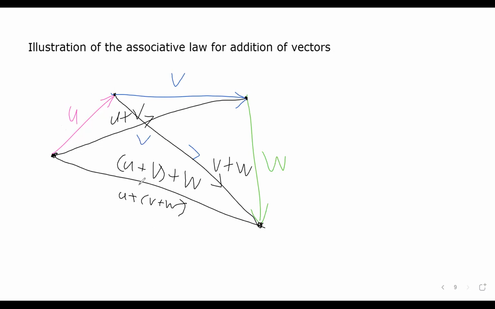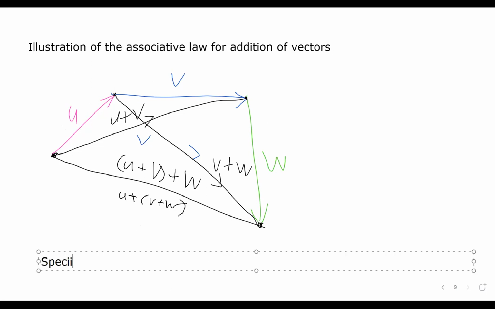So u plus v plus w equals u plus v plus w. Okay, so that illustrates the associative law for addition of vectors. So specifically, it illustrates that for these vectors, u plus v plus w is equal to u plus v plus w.